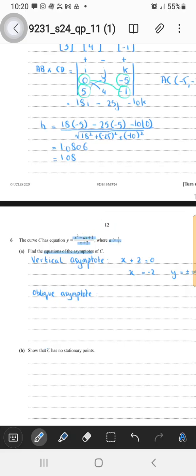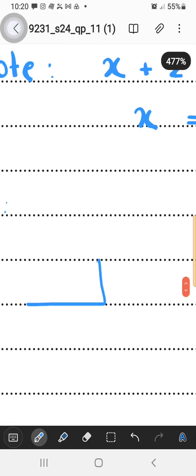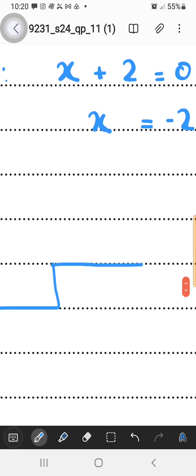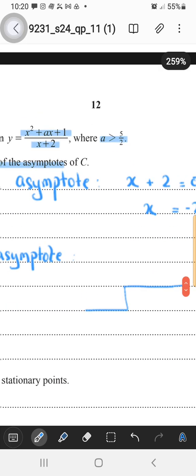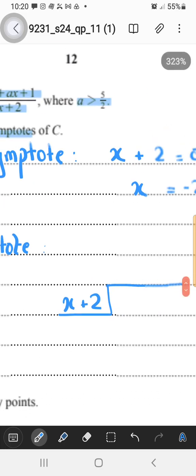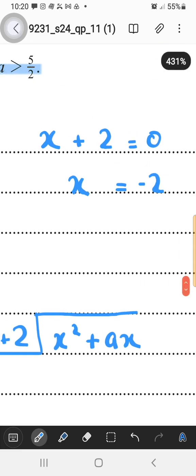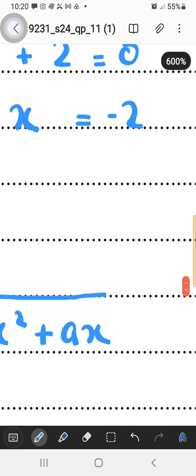How will we perform long division? Let me show you. We will write the denominator here, x plus 2, and the numerator here, x square plus ax plus 1.